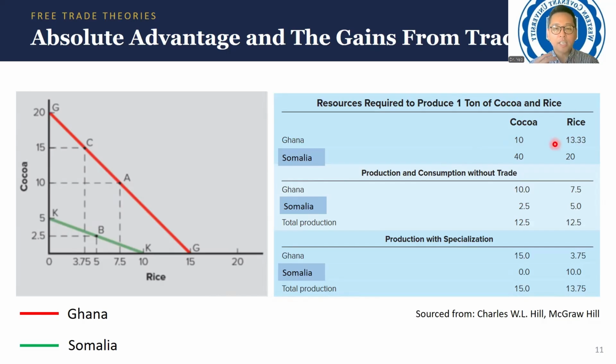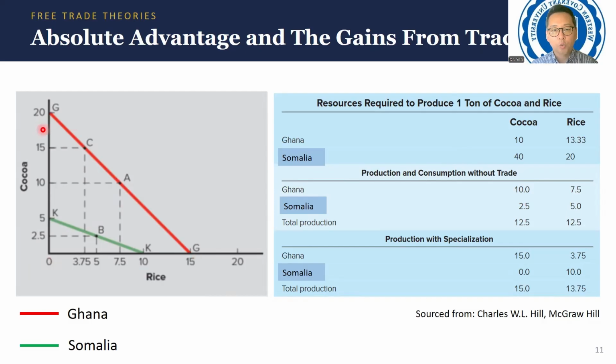So efficiency of utilization of resources is one of the keys to compare. Given its 200 units of resources, Ghana can produce 20 tons of cocoa and no rice, or 15 tons of rice but no cocoa.